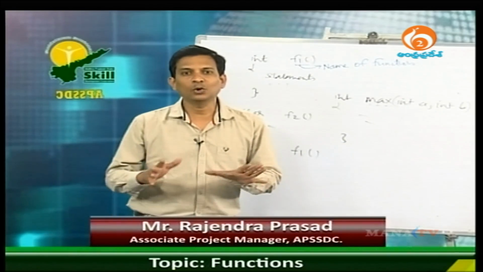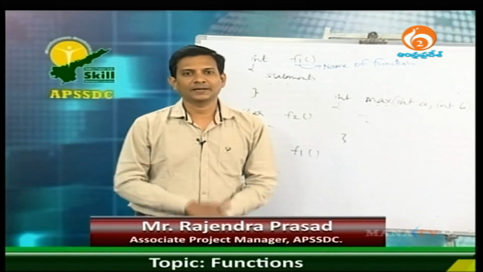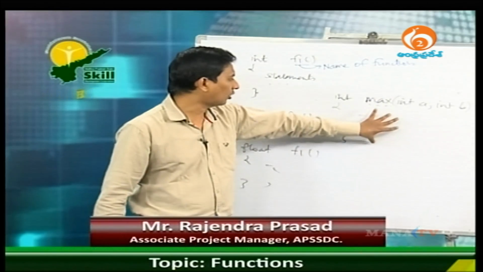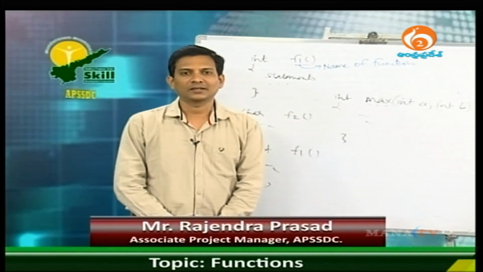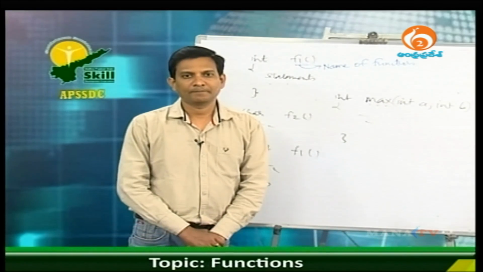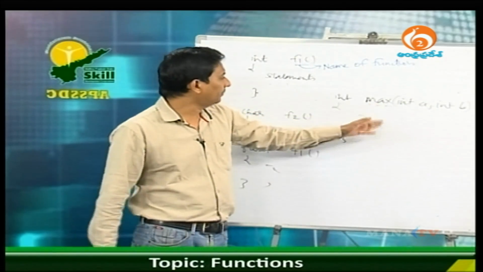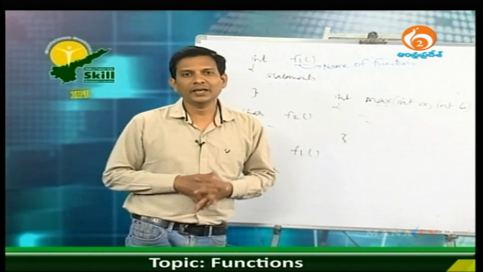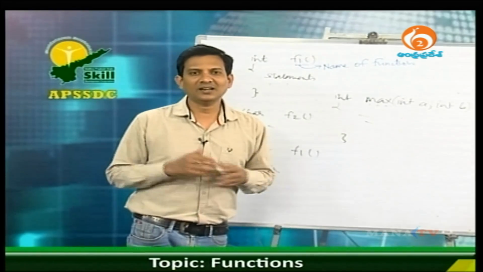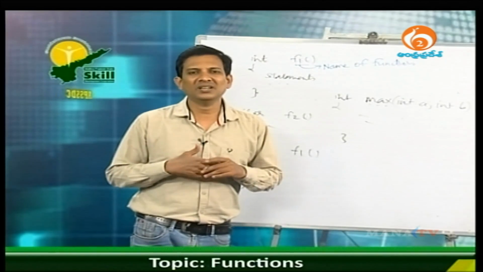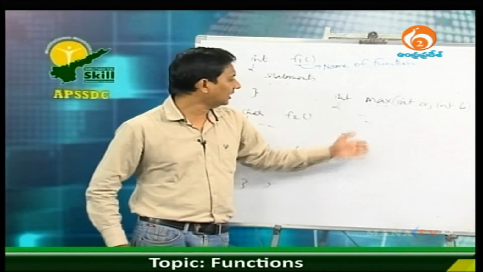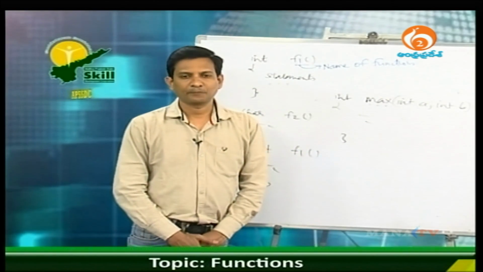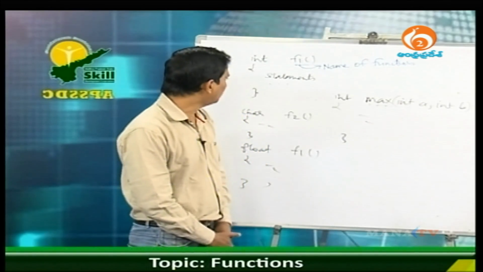It is not a rule, but it is better to give a related name, matching the logic or operation you write. Some people write their own names; it is valid, but not recommended. Better to write a related name. These are function names.